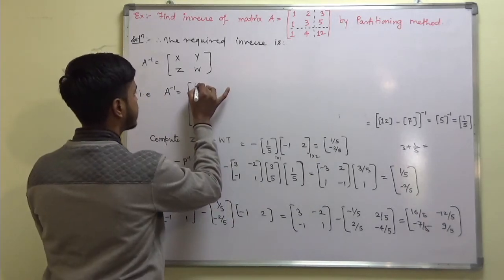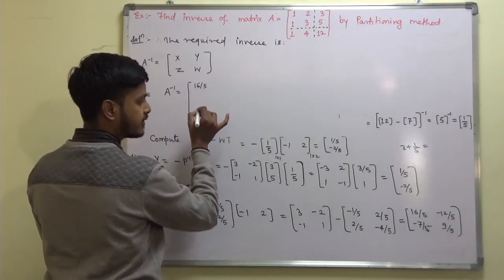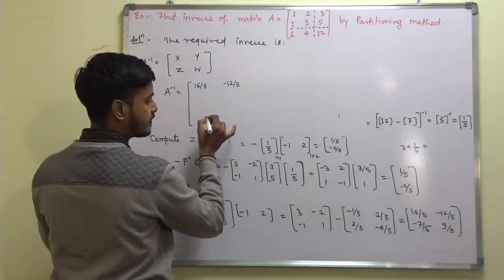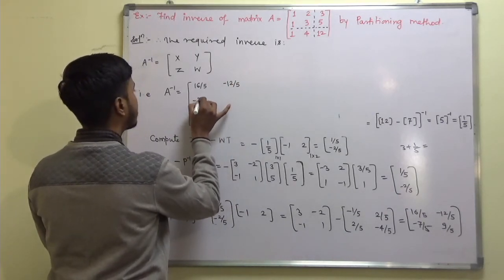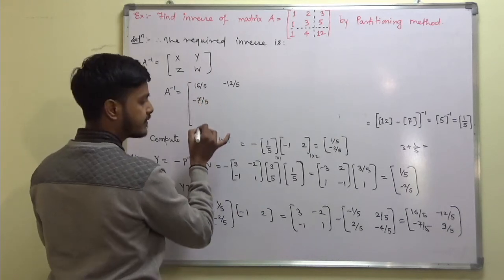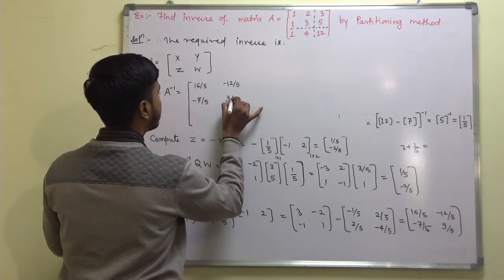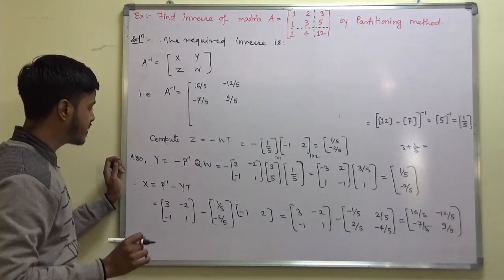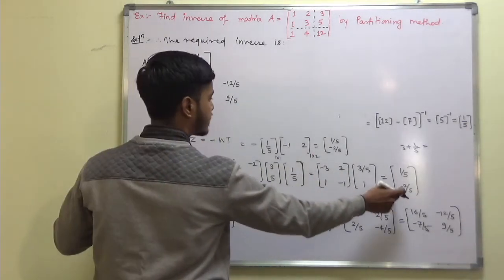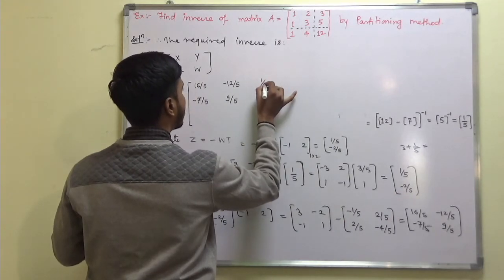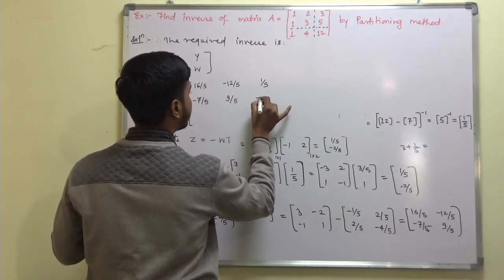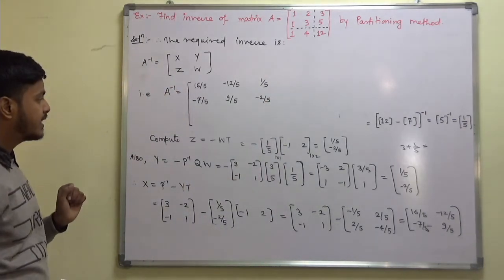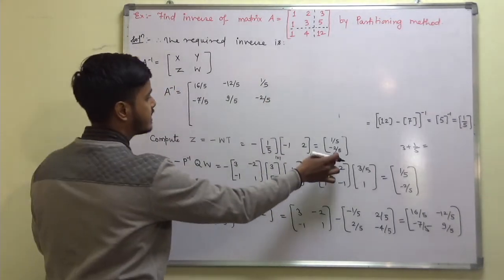So this is 16 by 5, then minus 12 by 5, then minus 7 by 5, then 9 by 5. Okay, this is my X. Then what is Y? Y is this. Y is 1 by 5 minus 2 by 5. Okay, x, y, then z. What is z? Z is this.